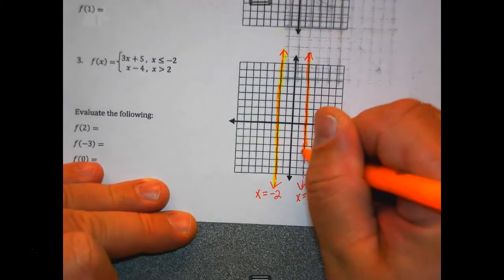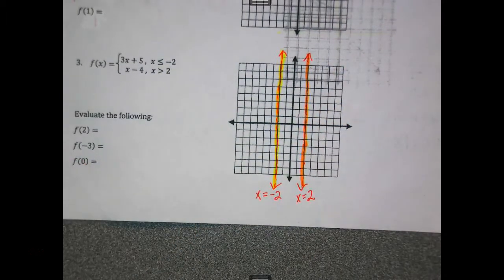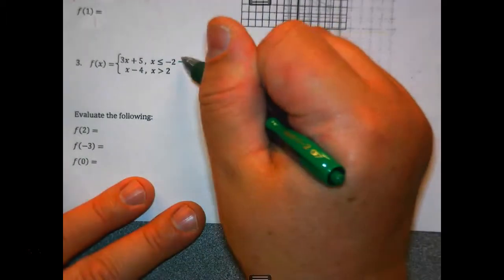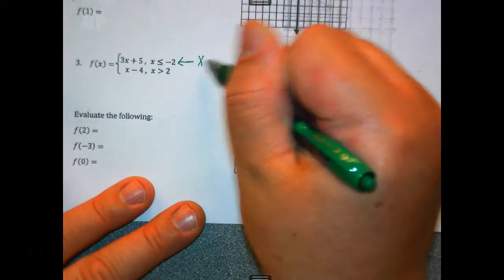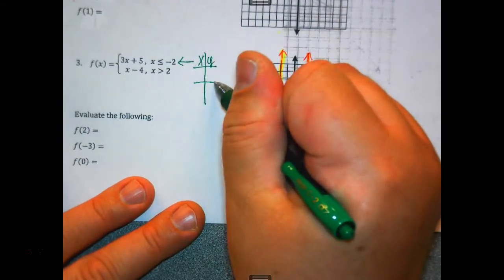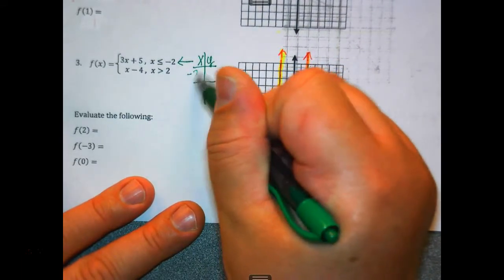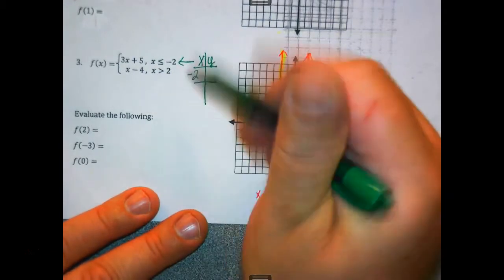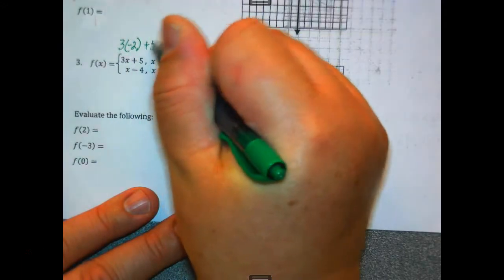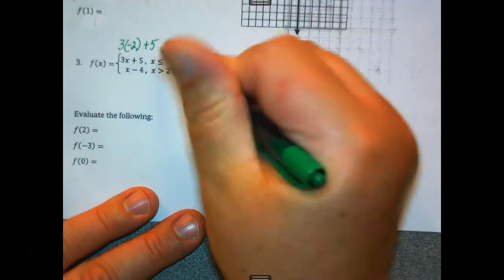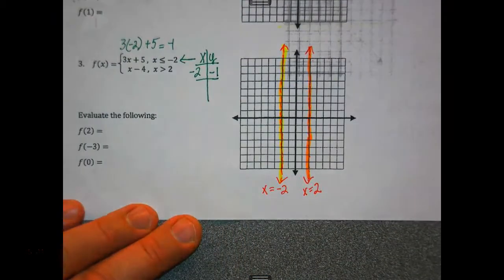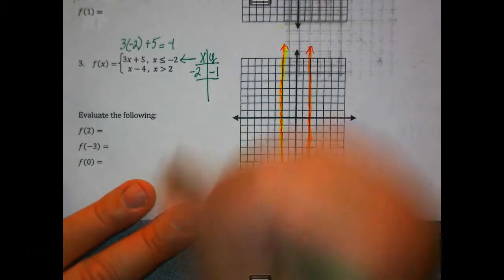Okay, we need to set up our charts, get a couple of points so we can make lines. Let's do a chart for this one. What number do I have to pick for x? -2. If I put in -2, I have 3 times -2 for x plus 5. So I get -6 plus 5, -1. Now I need a number less than -2.